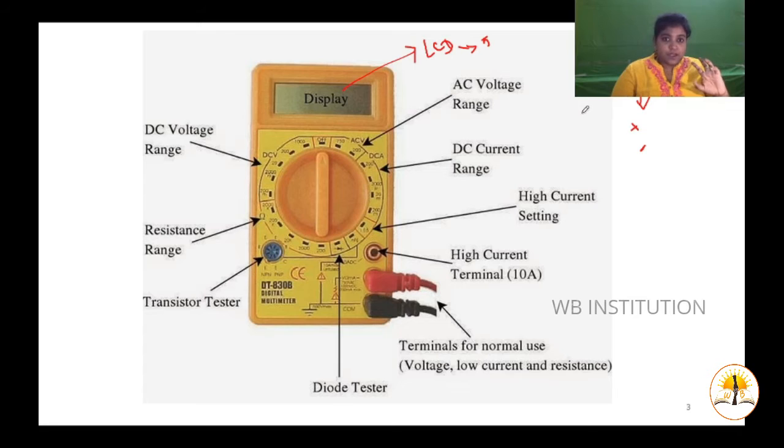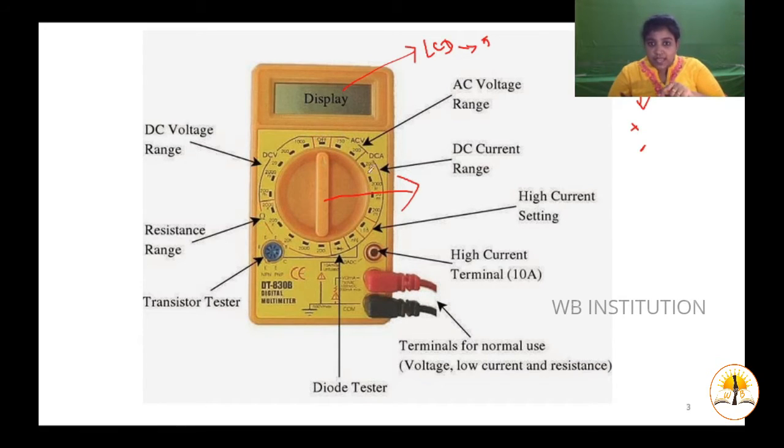Next you can see an AC voltage range. Before that we have to know about this rotating knob. You can place your hand over it and rotate it like this. By using that rotating knob, you can select whatever measurement you have to make.